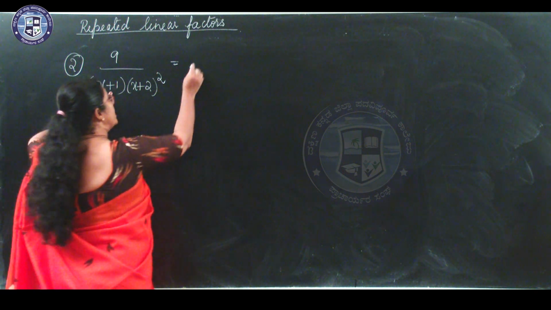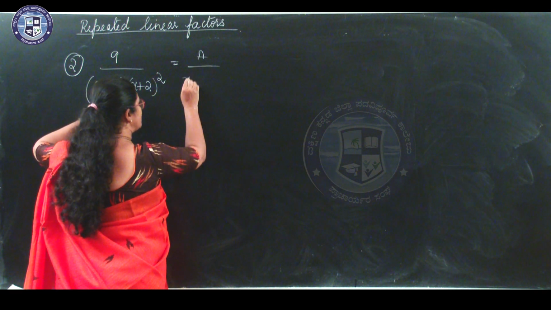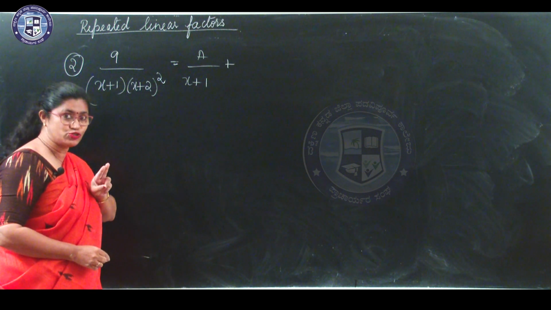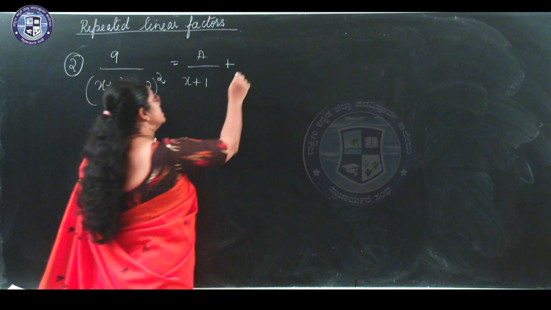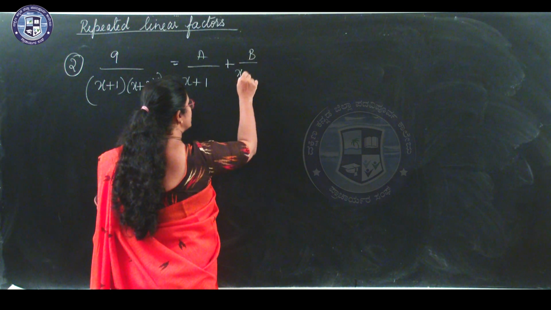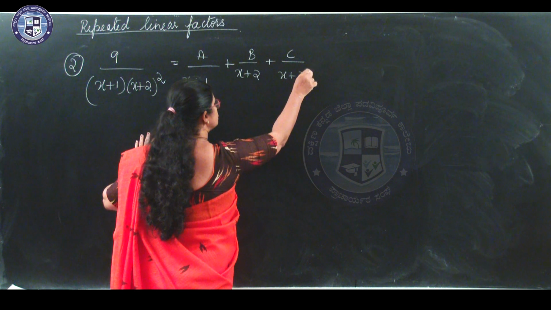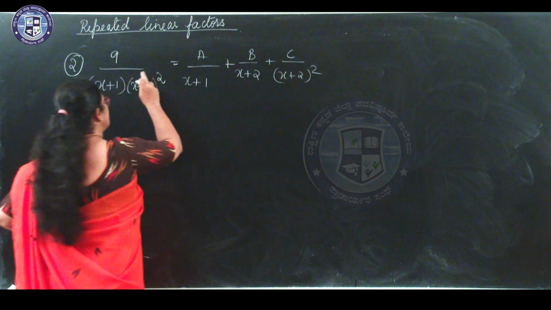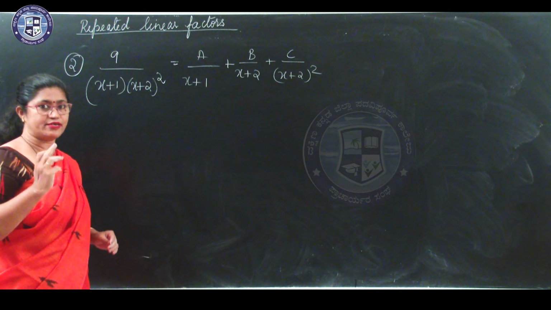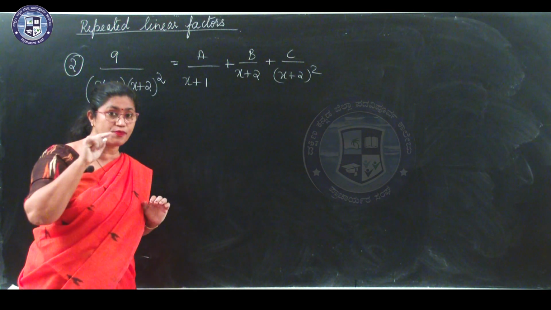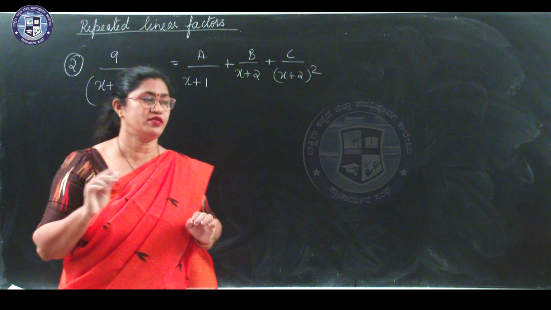For this one I write A by x plus 1 plus, now for this I have to write it 2 times. One is B by x plus 2 and next one is C by x plus 2 the whole square. Because x plus 2 is repeated twice, once write it without the power, once with the power. So, it is like to the power 1 and to the power 2, that way.